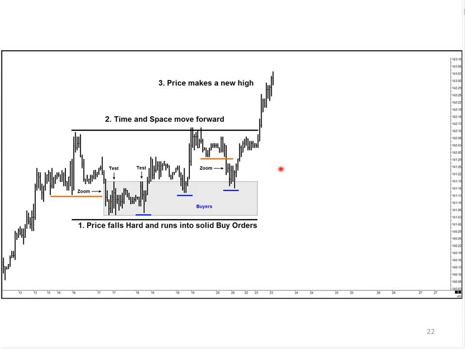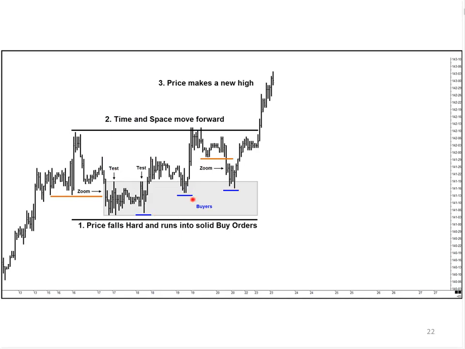So what did price do? Every time price comes down, what do we run into? Buyers. Just bang it. Buyers. And every time it's down here, we like to think about what each swing's purpose is. And when a swing unfolds like this, the purpose of this swing is to take out this low. And you can see it fails.